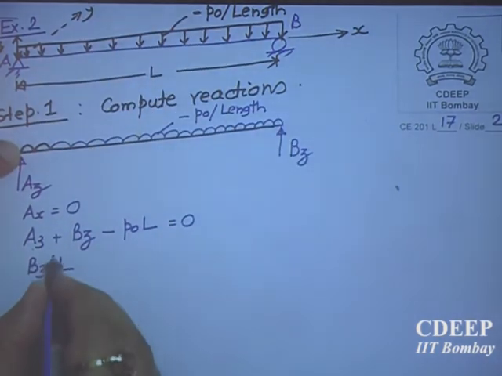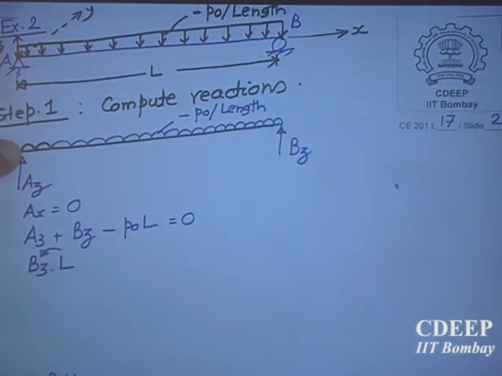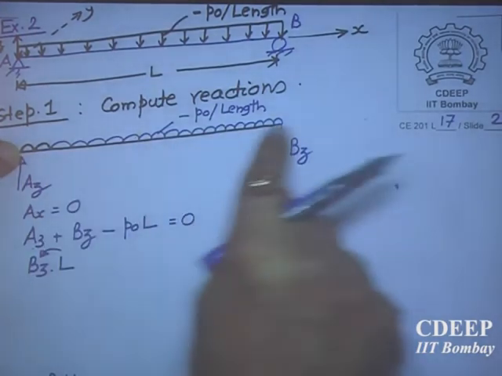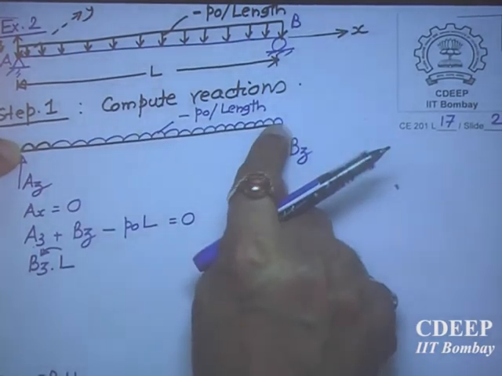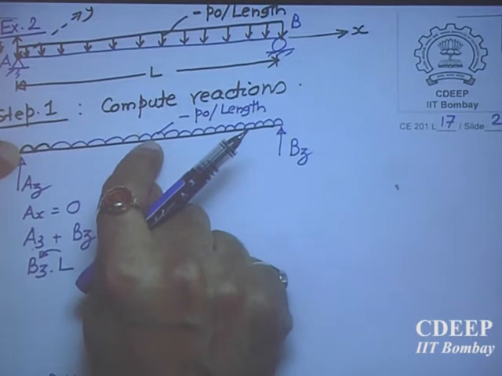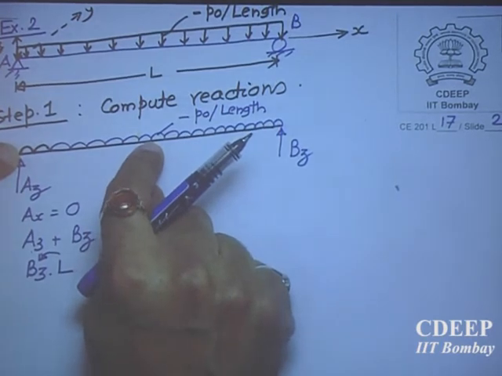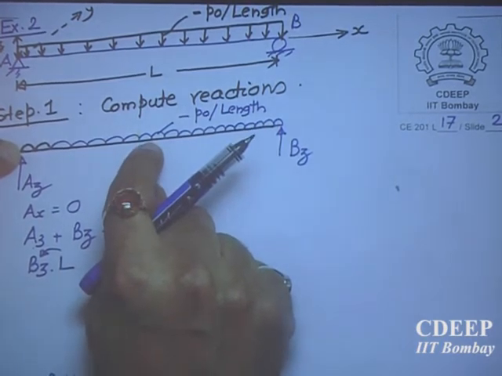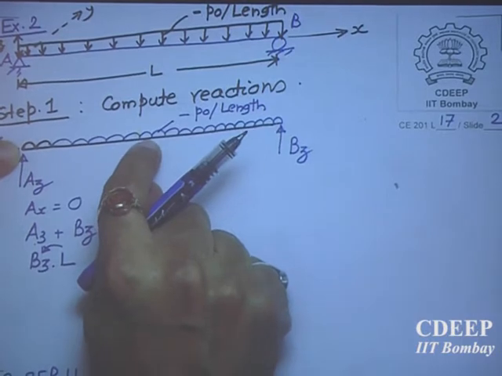What kind of moment is it? I will show it like this. The total load is P naught L. Where is it acting? It is a uniformly distributed load, so it must act through the center of gravity, at L by 2.